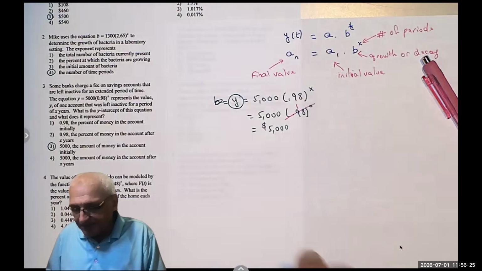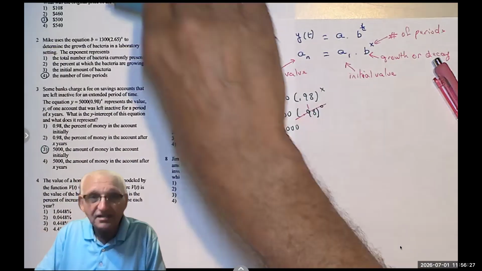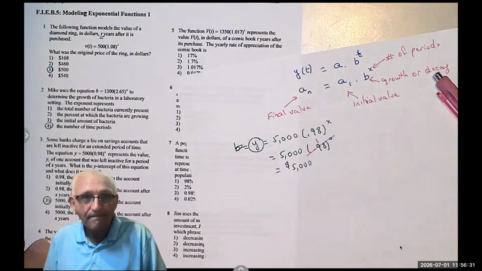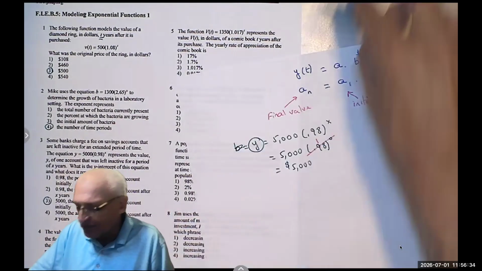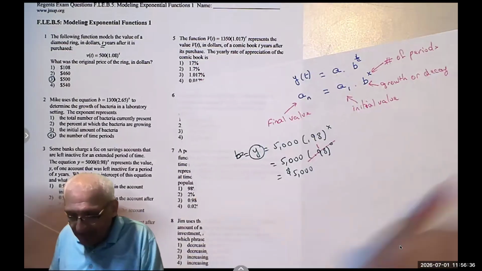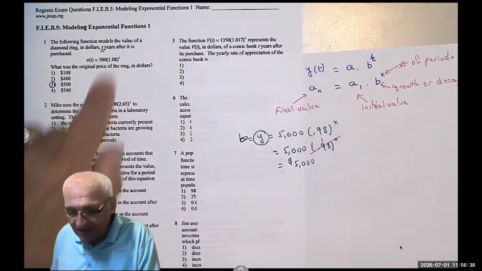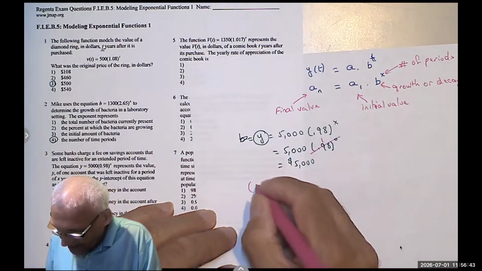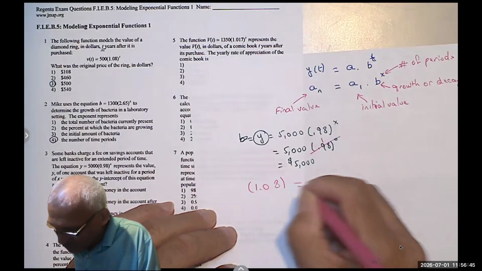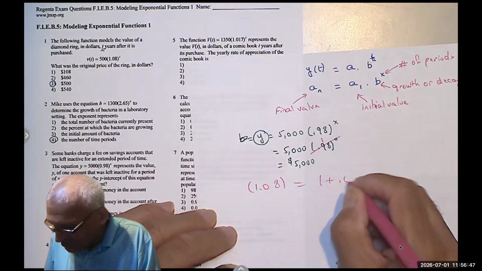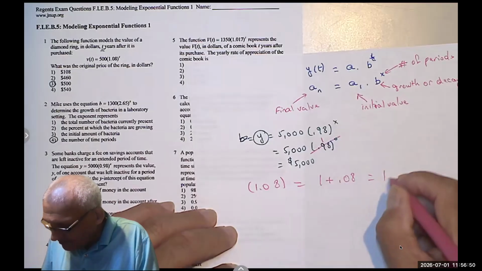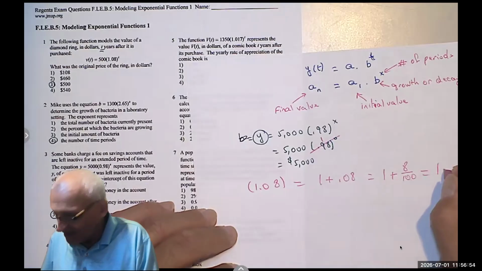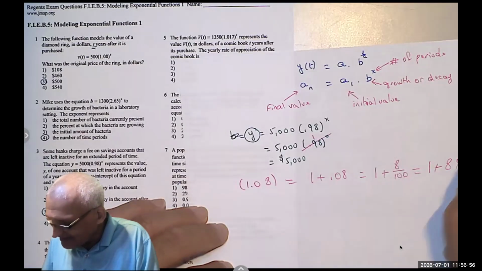Here I will stop and show you the difference between question number one and question number three. Both of them were talking about the initial value, but that's not what I mean. I mean the quantity between parentheses. In the first one, it was 1.08, which I can write as 1 plus 0.08, which I can write as 1 plus 8 over 100, which I can write as 1 plus 8%.